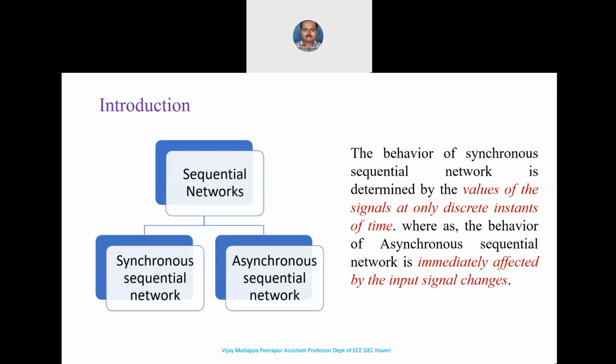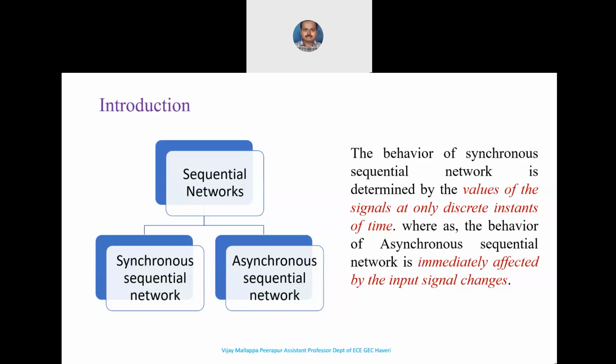But in asynchronous sequential circuits, it is completely dependent on the input signals. Whenever there is a change in the input signals, the output states change immediately. This is a fundamental difference between synchronous and asynchronous circuits.